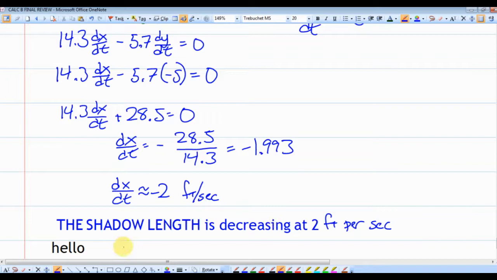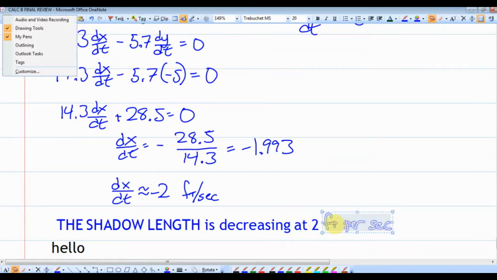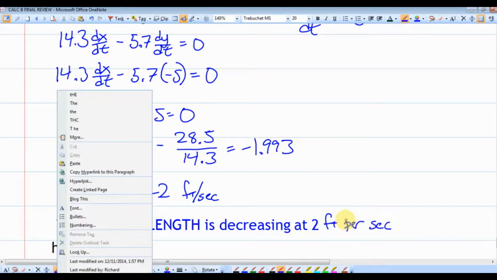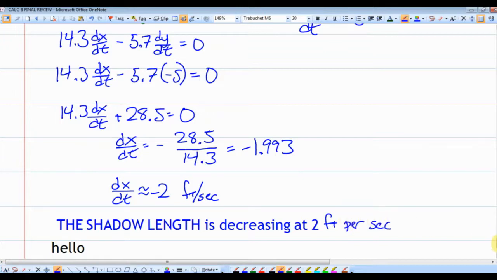Wonder why. Hey, why did it bold it? I don't know. Alright, whatever. Let's move on.